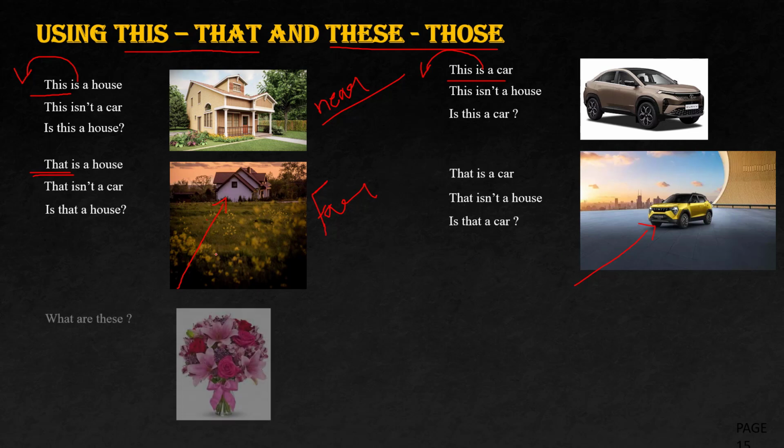Now, when we use these, when you have plural things, let's say the flowers here, right? What are these? If you have a simple one, what is it? Or you can even add what is this, correct?